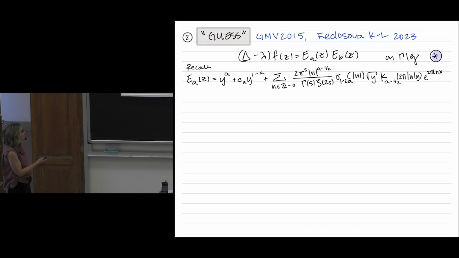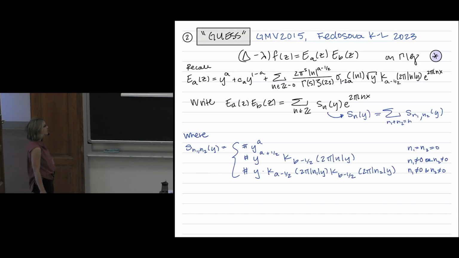The idea for this method is basically, instead of taking the right-hand side and writing it as a product of the sums over the lattices, we write it as a product of the Fourier expansions that we already have here. So we write this product of Eisenstein series as a Fourier expansion, and then the coefficients are just functions of y.